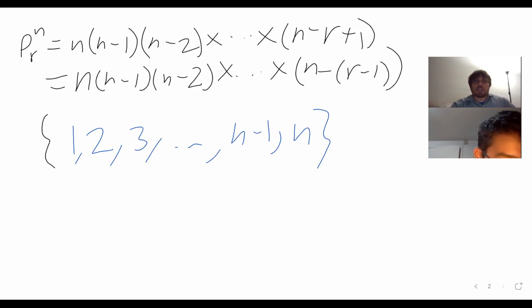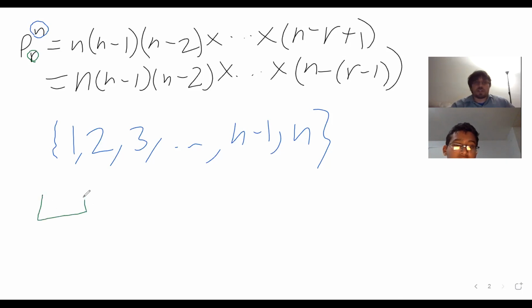So here, this n is corresponding to the fact that the size of the set is n. Okay, so there are n things in the set. Let's say this is one example. And then the r is denoting how many things you want to choose from the set.